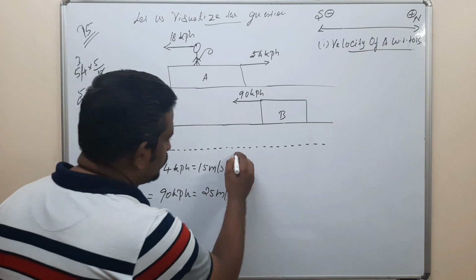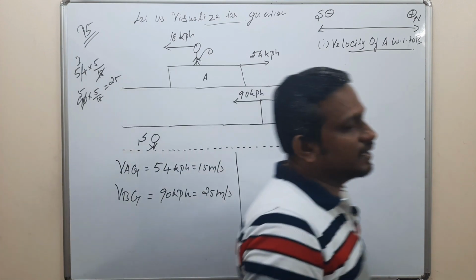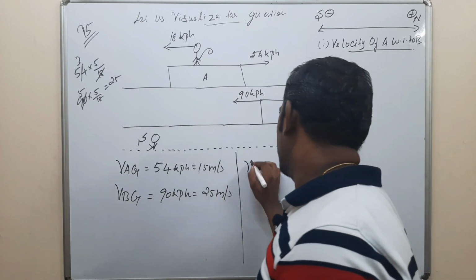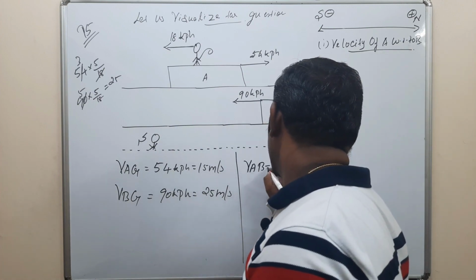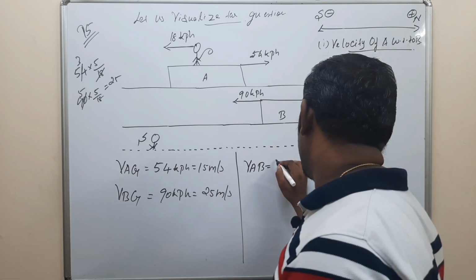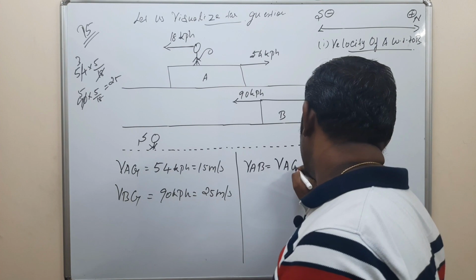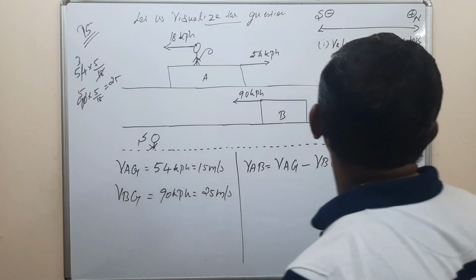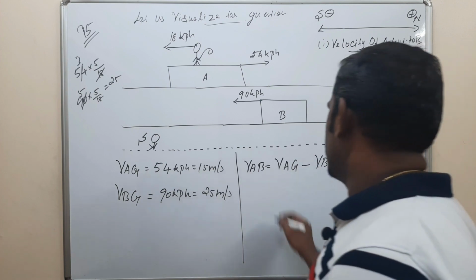So first in the question, we have to find the velocity of A with respect to B. Velocity of A with respect to B is VAG minus VBG.